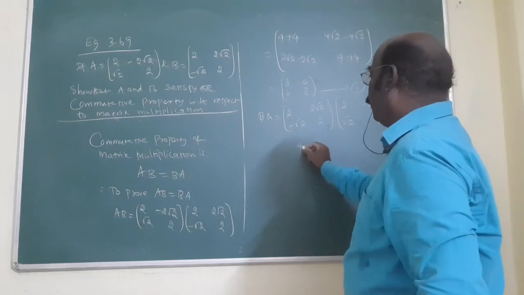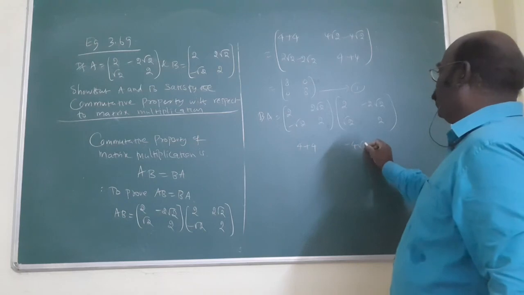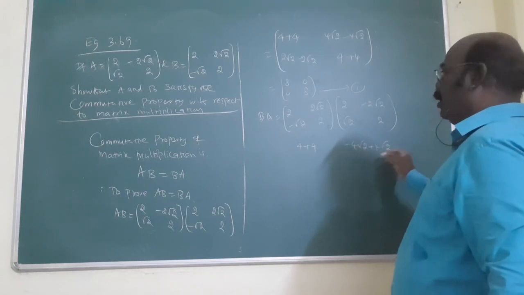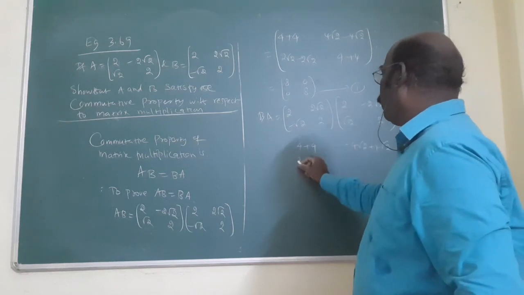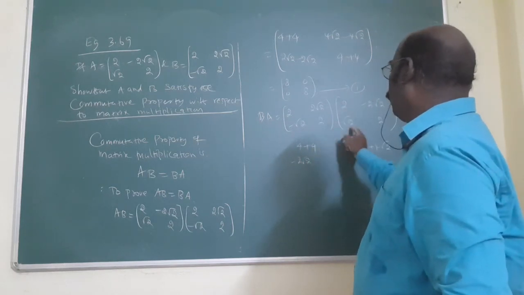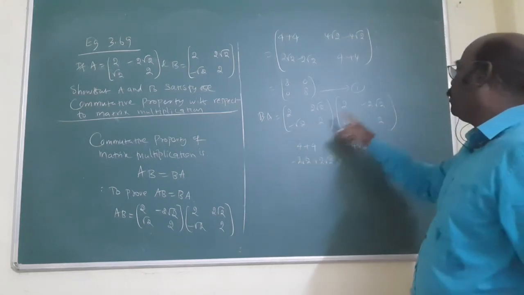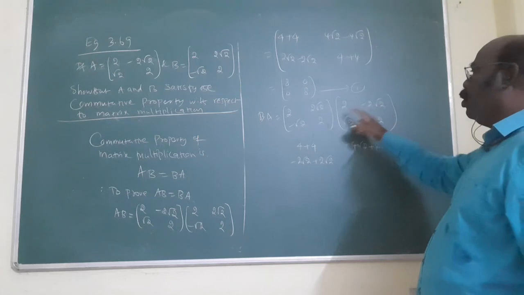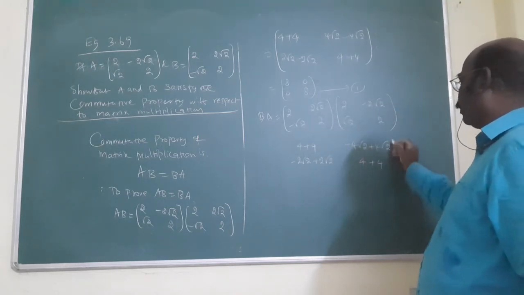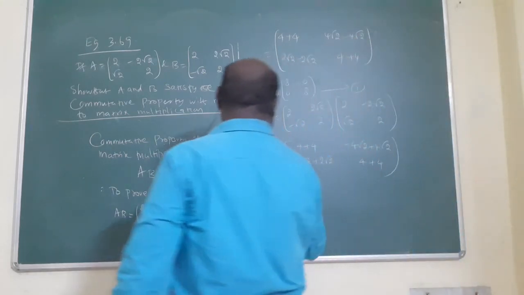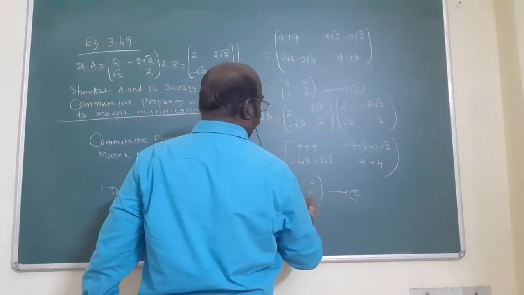So 4 plus 4. First row, second column here. Minus 4 root 2 plus 4 root 2. Here, minus root 2 into 2, that is what? 2 into minus 2. Here, minus and minus plus 2. Root 2 into root 2, only 2. 2 twos are 4. 8, 0, 0. This is the second answer.